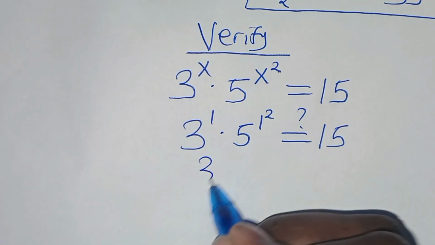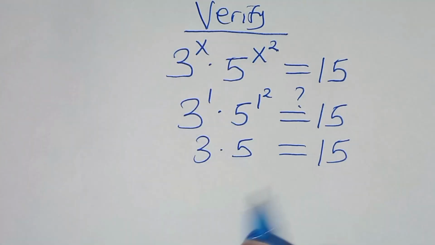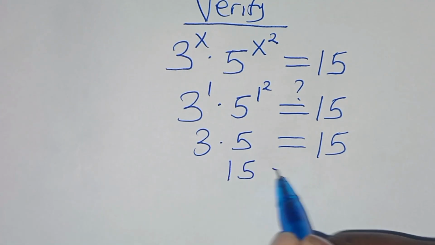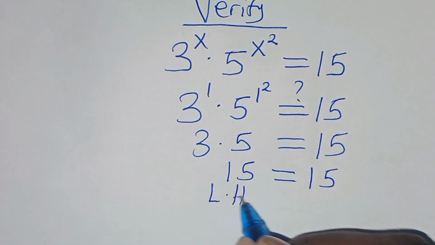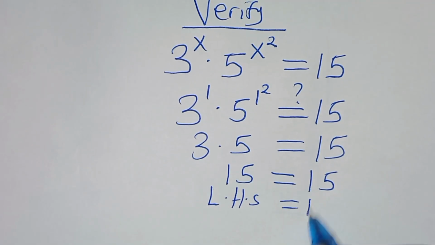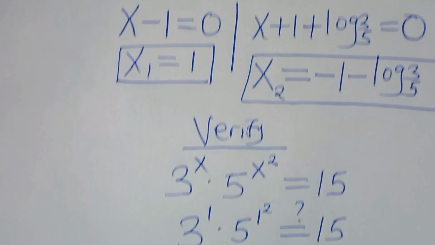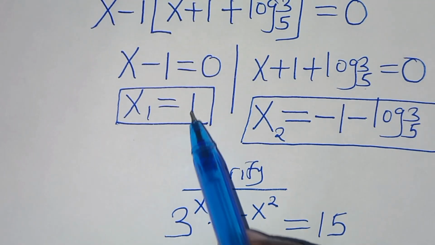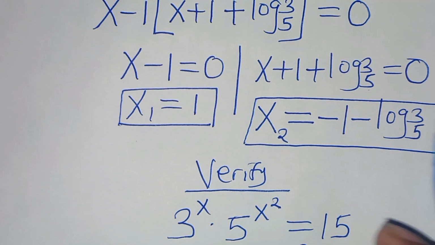So the left hand side is equal to the right hand side, and therefore we have two solutions, x1 and x2.